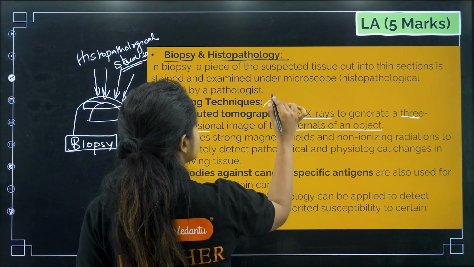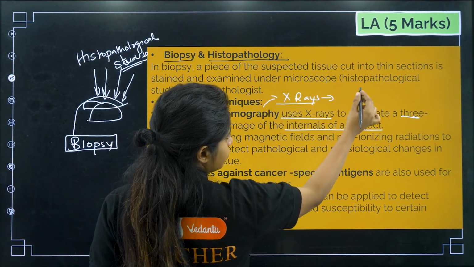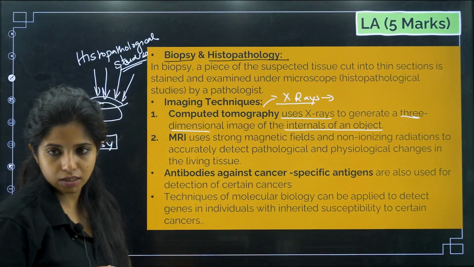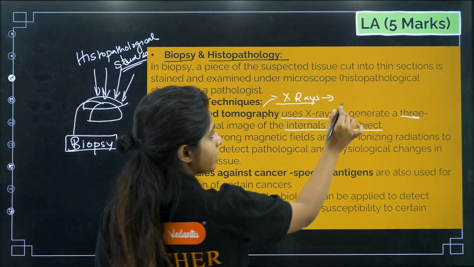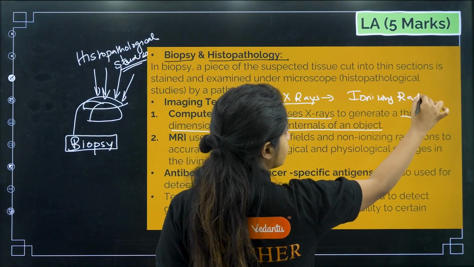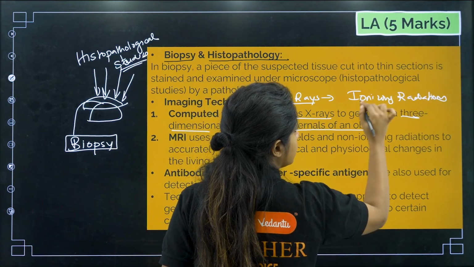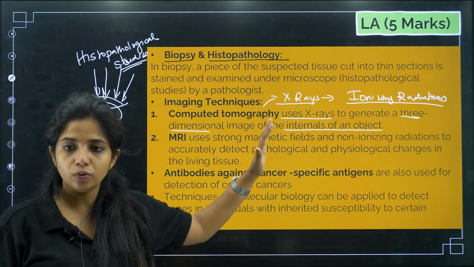Apart from this, you can use normal X-rays also, which helps you detect things. But the problem with this is that it is using ionizing radiation, and it's not really good for our body.